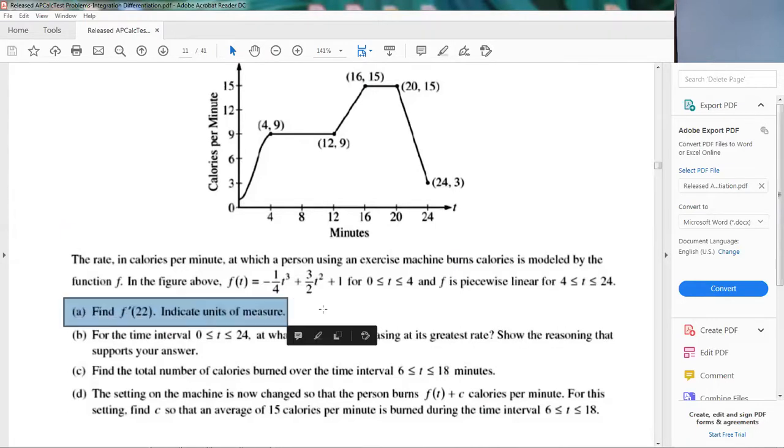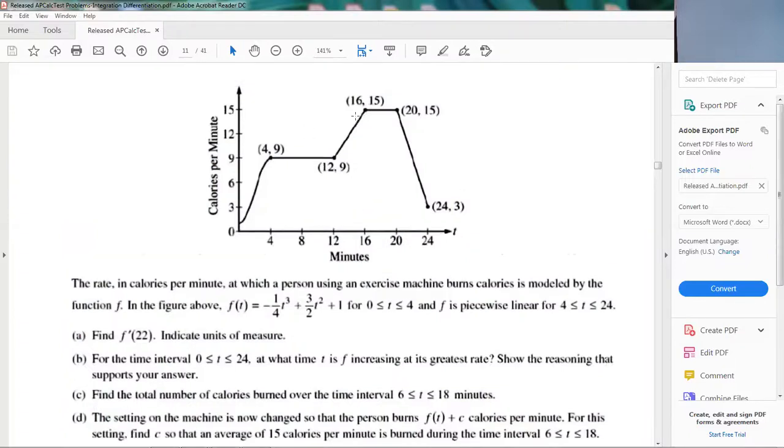There's the slope of the line. This is the function f, correct? So 22 is like right there. So then what you have to do exactly is that one. Let me just write it. f prime of x is the derivative of f with respect to x, right?